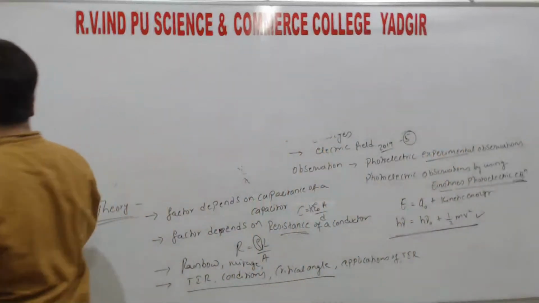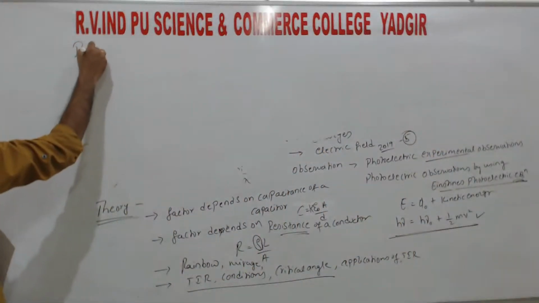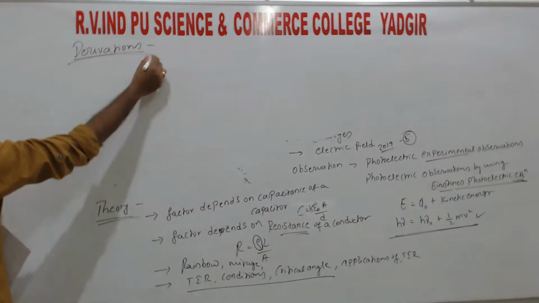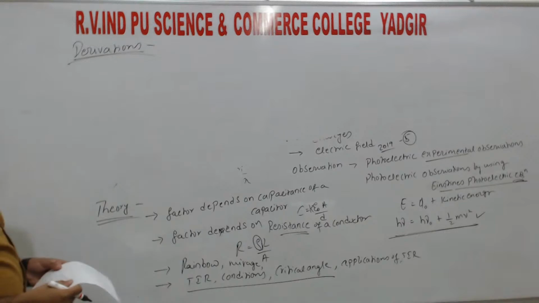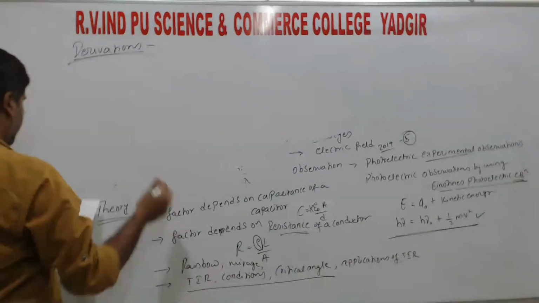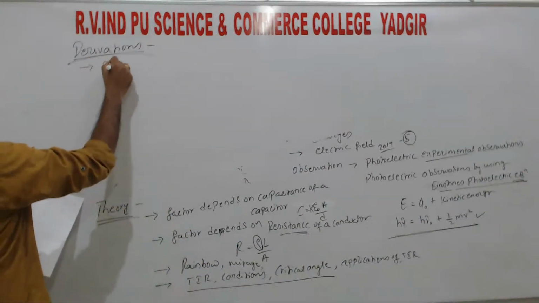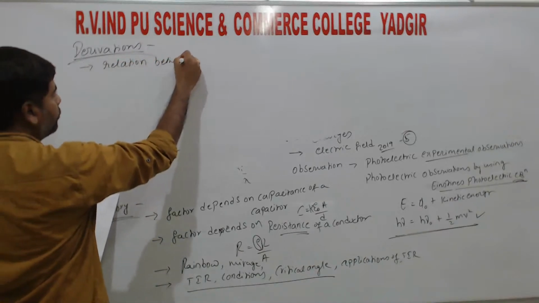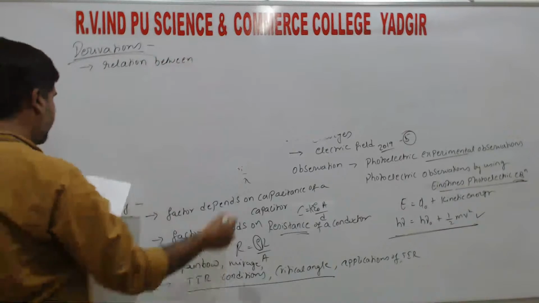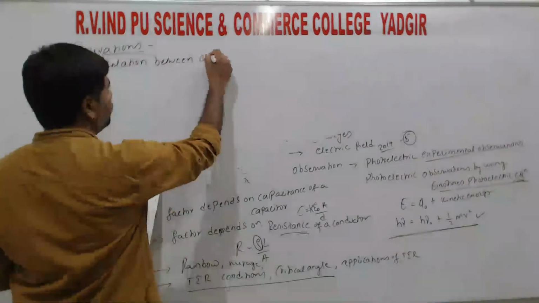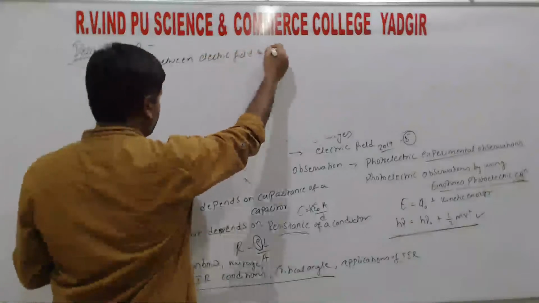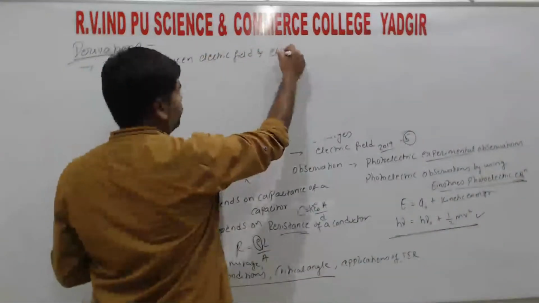So next, derivations. In 3 marks we also have many derivations. The first one: obtain the relation between electric field and potential.